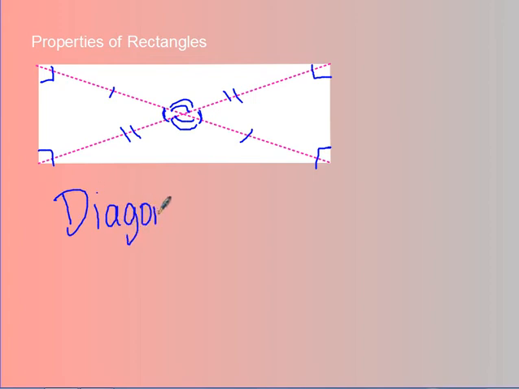Things to note that you already know is that all the angles of a rectangle are 90 degrees. And you get diagonals bisecting each other, and then your vertical angles are congruent. So all that is true. But the other thing to note that's really important is that the diagonals are congruent.